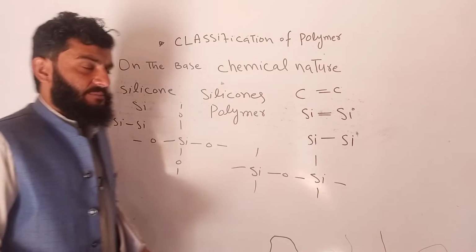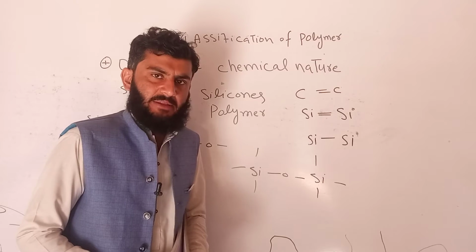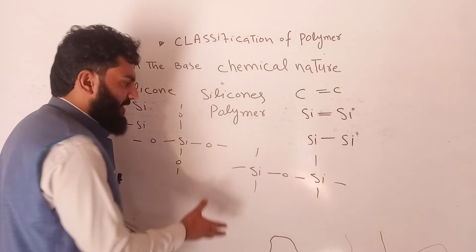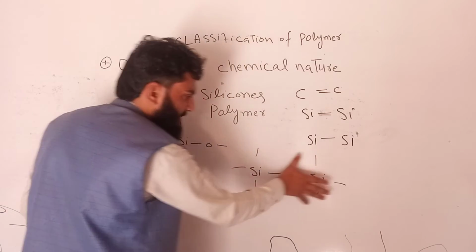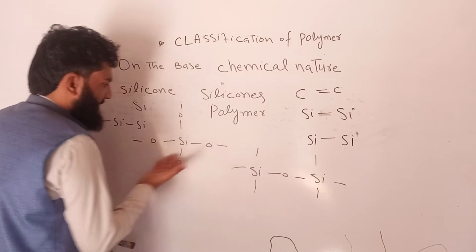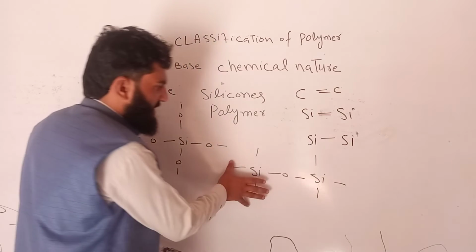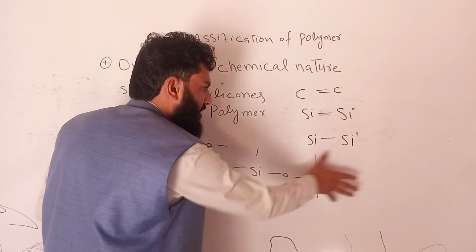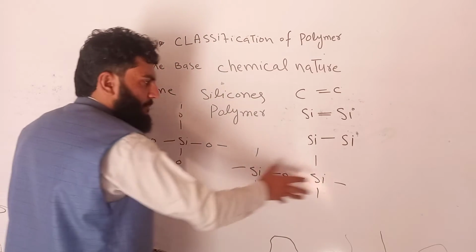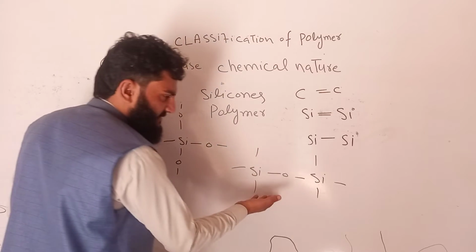So in what form does silicon form a polymer? Silicon forms a polymer in such a manner, or we can write it this way too. Silicon forms a monomeric chain this way.